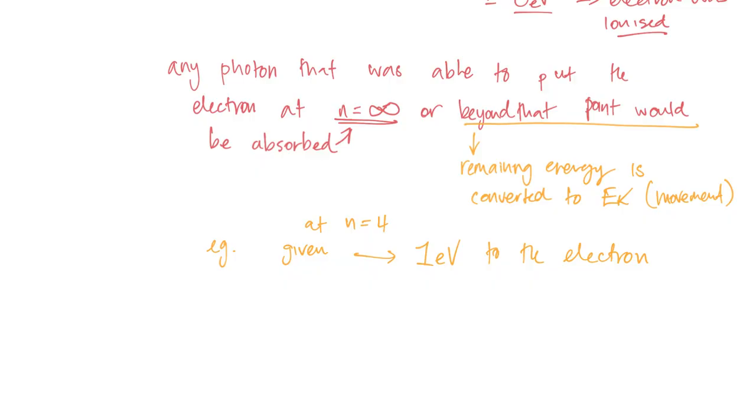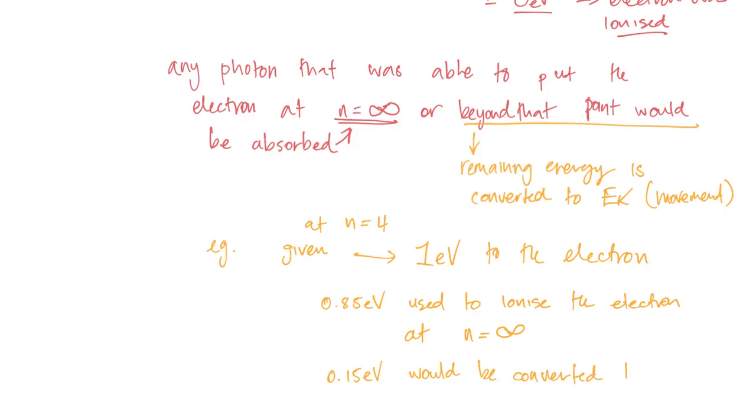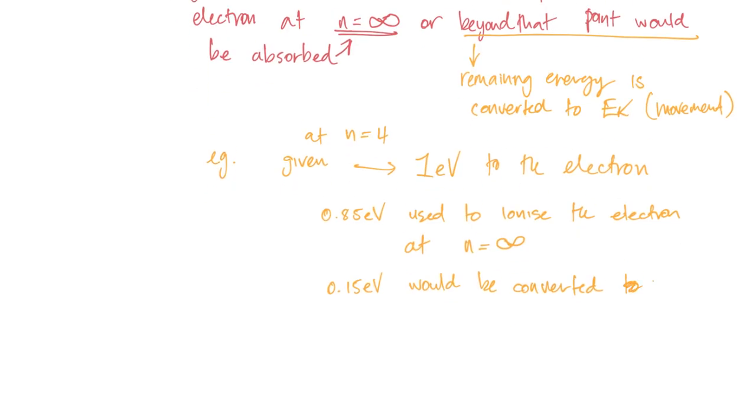Let's see what would happen. 0.85 electron volts will be used to ionize the electron, at the point n is equal to infinity, and the remaining 0.15 electron volts would be converted into kinetic energy, so it can move off or out of the atom. And that is the kind of setup you had.